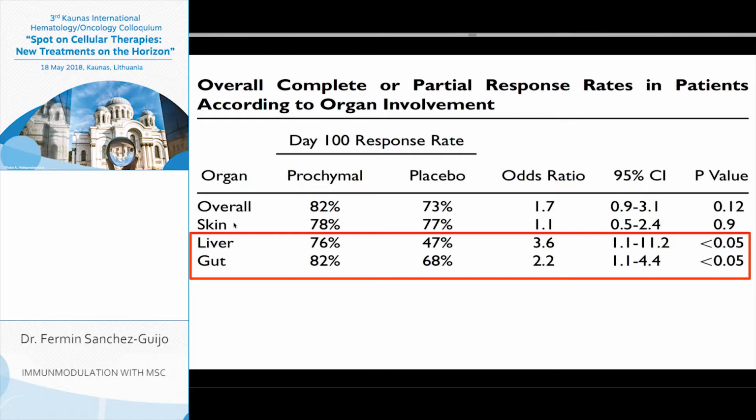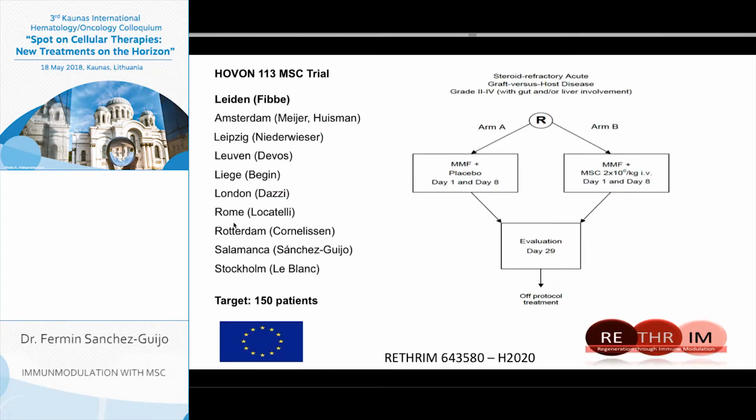So together with Dieter and other groups in Europe, we set up a European program, the RED3 consortium, to perform a phase 3 trial in which we are currently involved. The key issue of this trial is that we are only including patients with gut or liver involvement, or both, and we have excluded all patients with only skin GVHD.